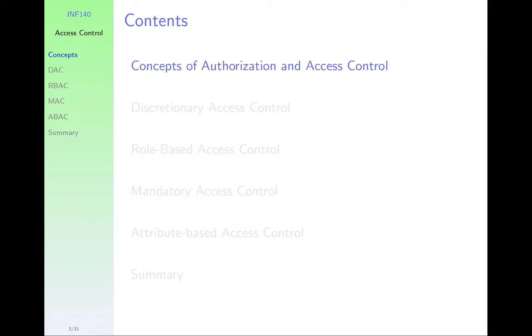In the end, we will summarize all the key points about this topic, and if time permits, we will demonstrate how discretionary access control is implemented in Linux systems regarding file permissions.